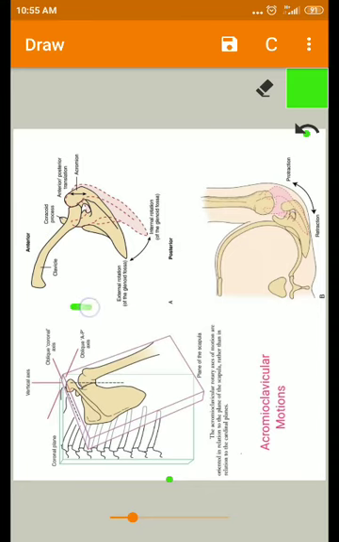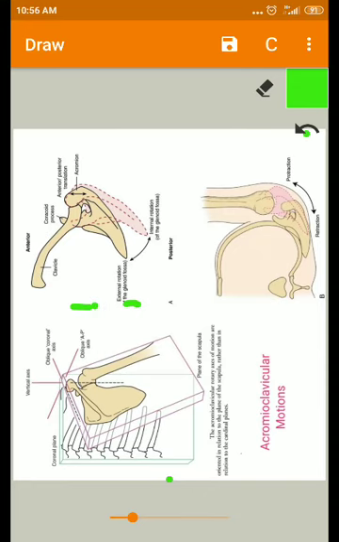And the next one is another rotatory movement, that is upward and downward rotation. We have mentioned these are the primary rotatory motions occurring at the acromioclavicular joint. So what are those? Internal and external rotation, anteroposterior tilting, and upward and downward rotations.